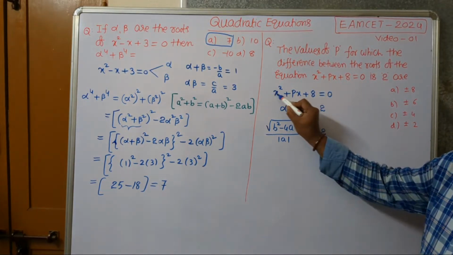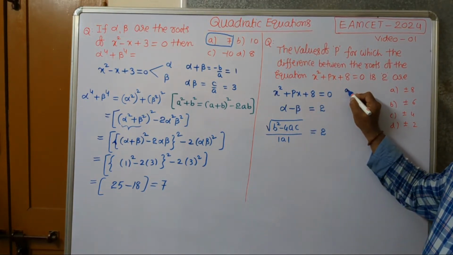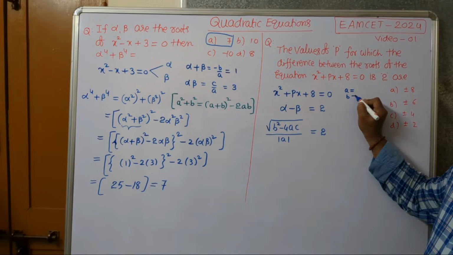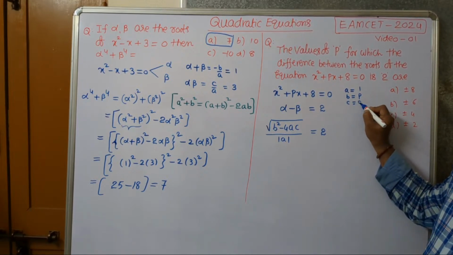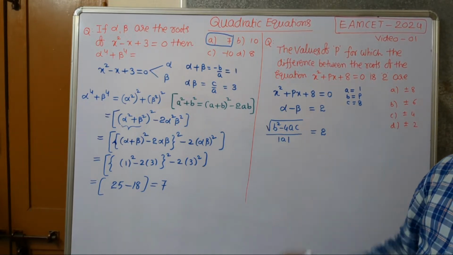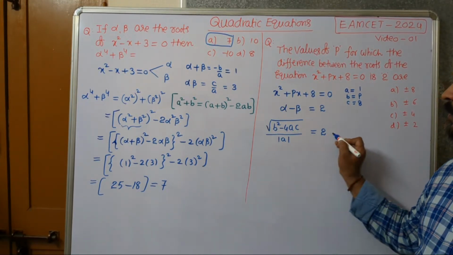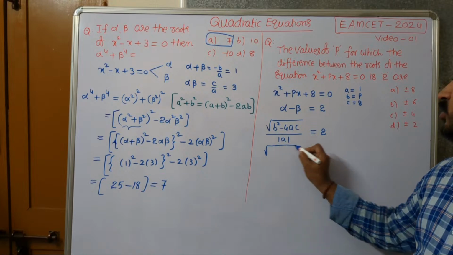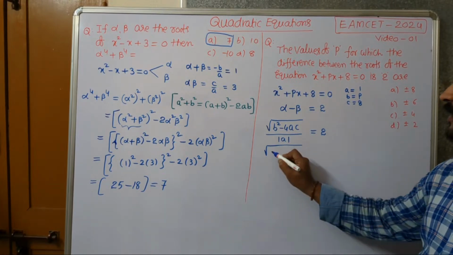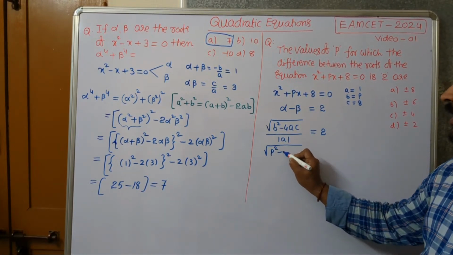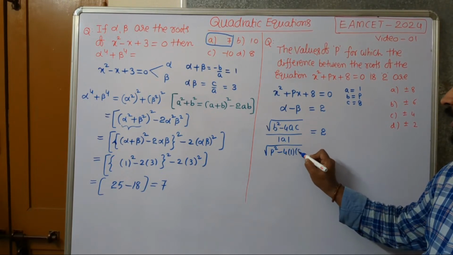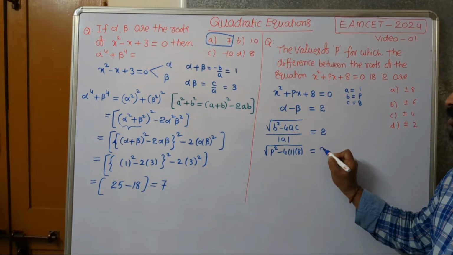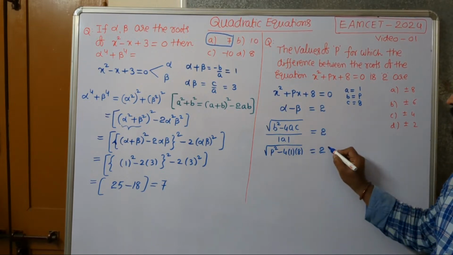So compare this equation with ax square plus bx plus c. A value 1, B value P, C value 8. Substitute in this, and mod A will bring this side: square root of B square, that means P square, minus 4 into A value 1, C value 8, is equal to 2 times mod A, means mod 1.